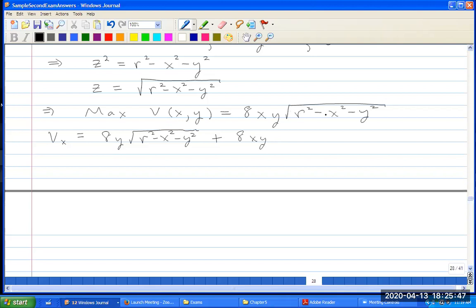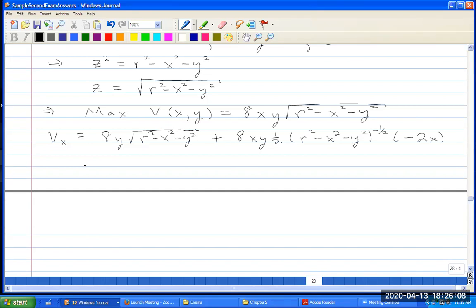So the derivative of r squared minus x squared minus y squared to the 1/2: you bring down the 1/2, you subtract 1 from the exponent, and then take the derivative of what's inside, minus 2x.